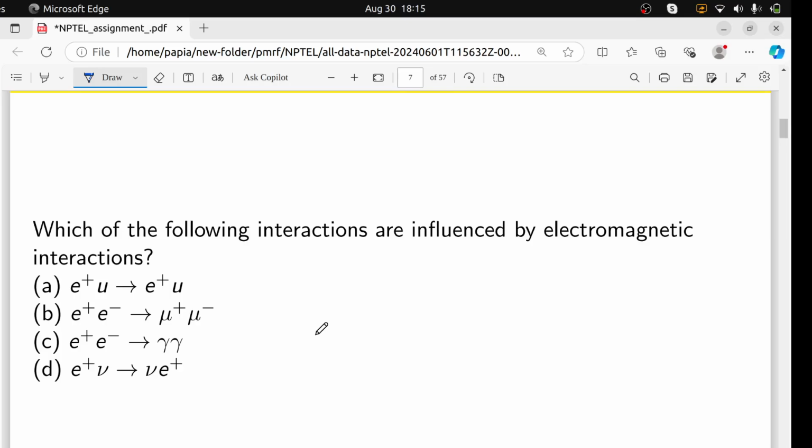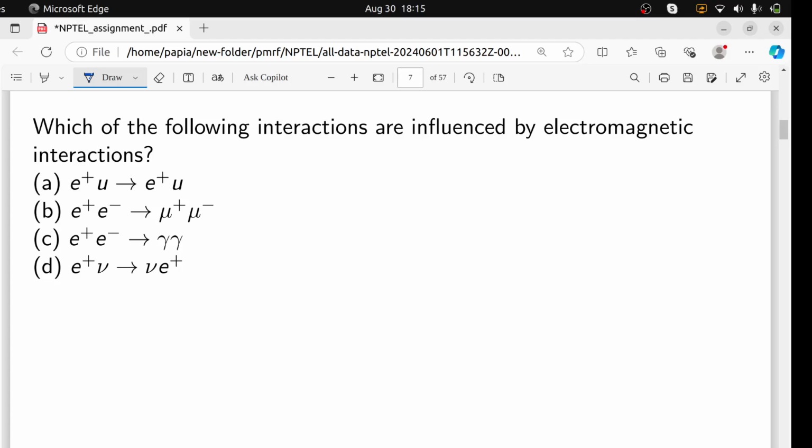Now coming to the second question: which of the following interactions are influenced by electromagnetic interaction? For electromagnetic interaction, we have to check whether gamma is present, either as an outgoing particle or as a mediator. From the four options, I can definitely say that option C is an EM interaction, because gamma is an outgoing particle. Now coming to B, e+ e- going to mu+ mu-.